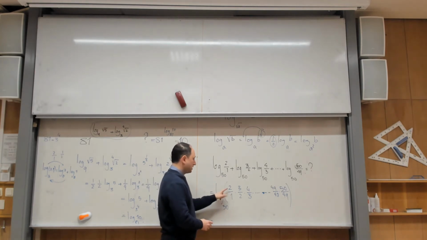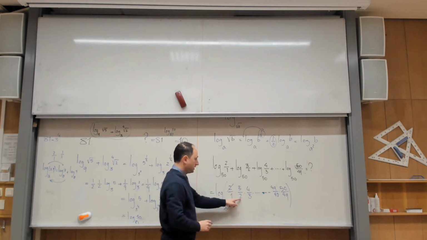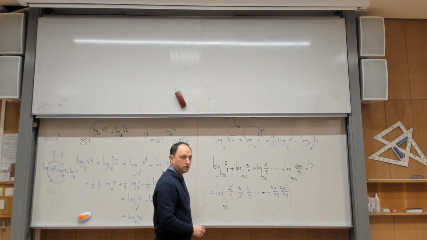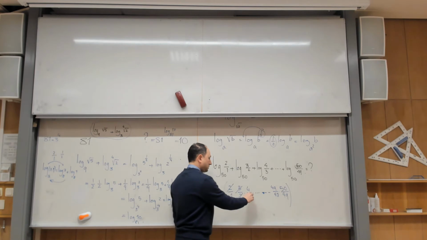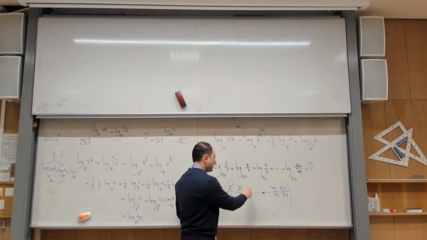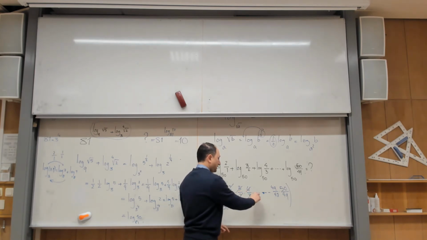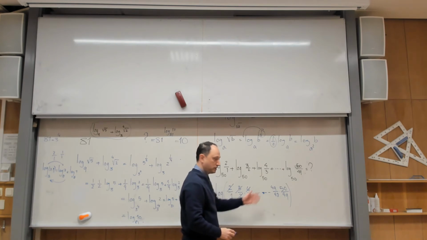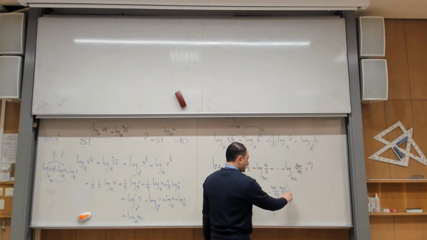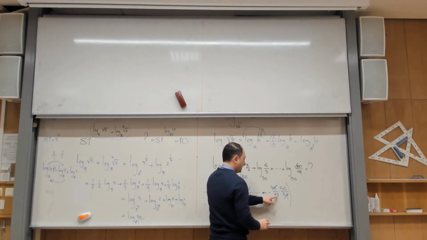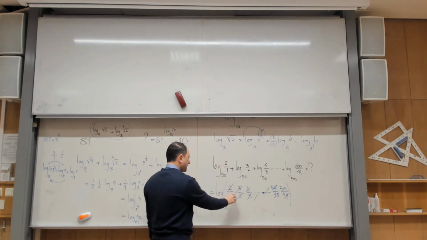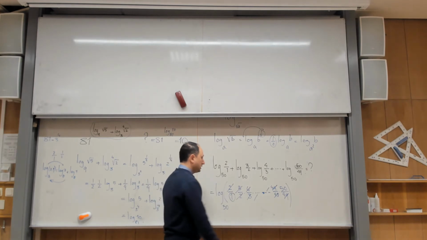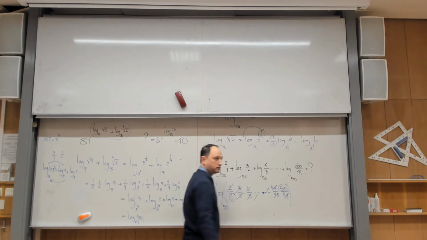The numerator of that one will be cancelled with the denominator of this one. The numerator of that one will be cancelled by the denominator of this one. And the numerator of this one will be cancelled by the denominator coming next. This process will continue. When you reach here, this one is cancelled with that one, and this one is cancelled with the previous one. What is left? Only this one single one here and 50 there.